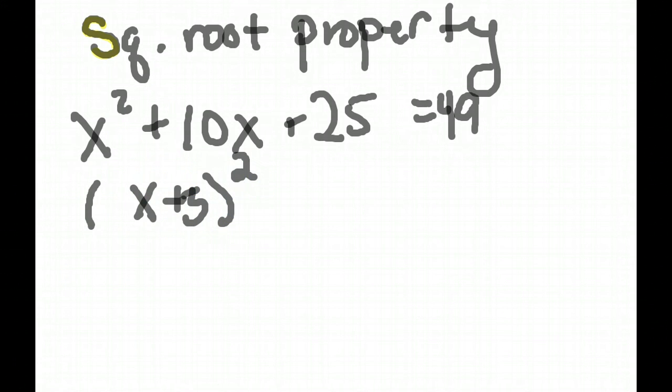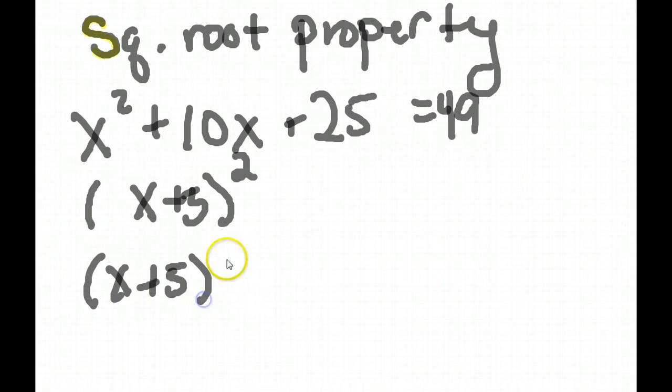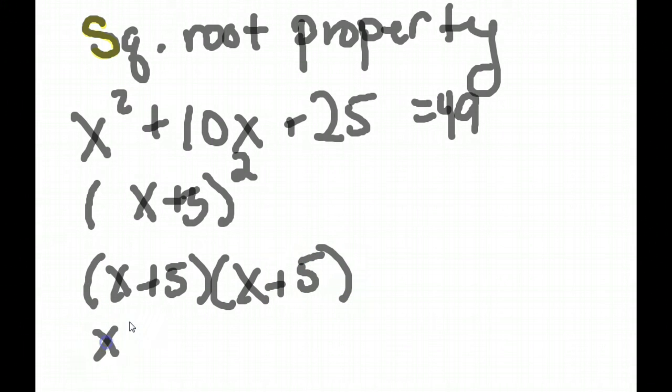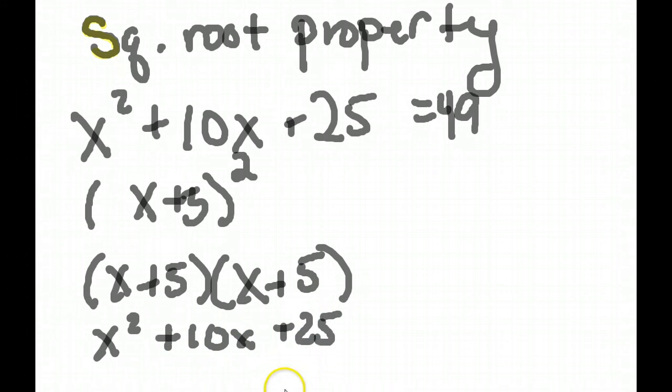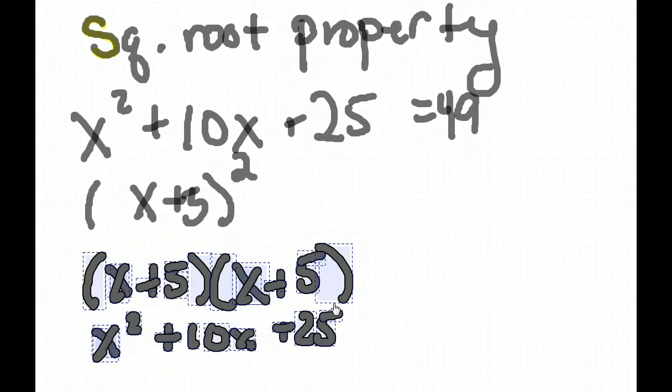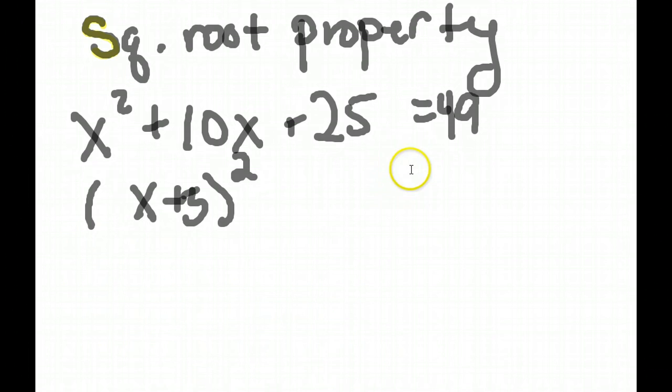Because if you FOIL it, like Nathan said, x plus 5 times x plus 5, you end up with x squared plus 5x plus 5x, or plus 10x, plus 25. So you can write it as open parentheses x plus 5 closed squared equals 49.